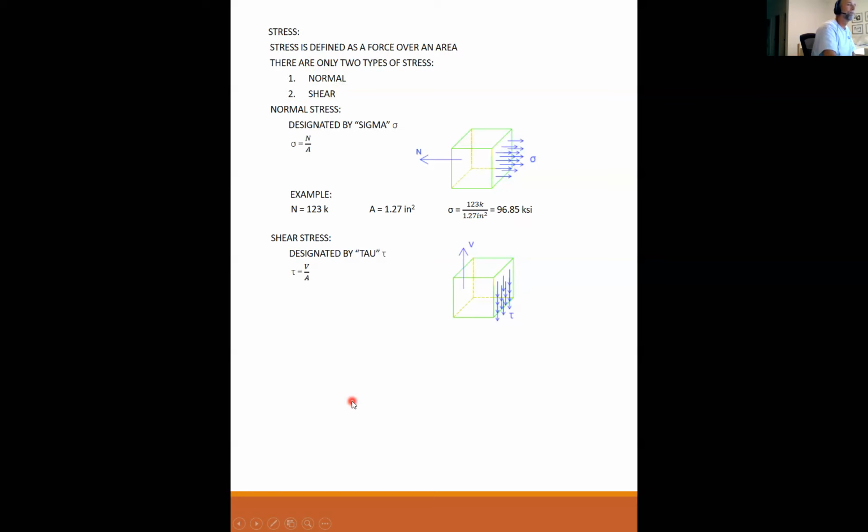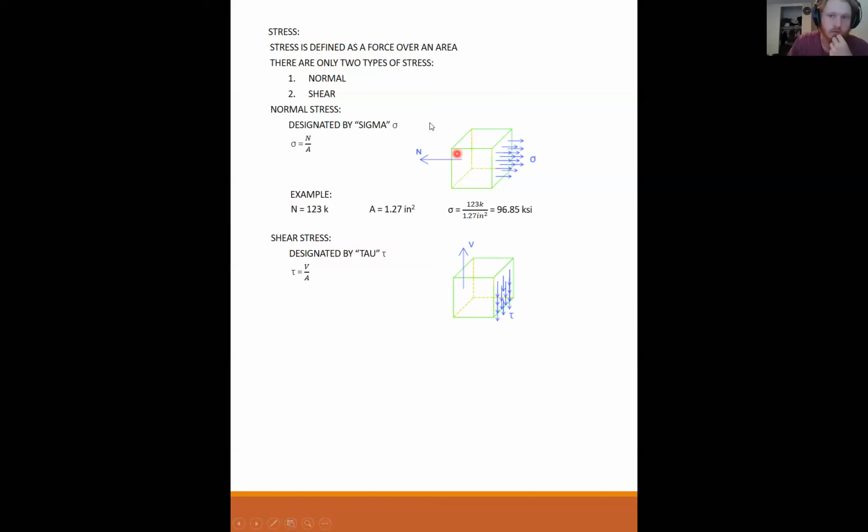So what happens if you have a force at any other angle? It's not 90 degrees and it's not parallel. Say you had a force that was 45 degrees to this plane. What does that mean? Would that mean there would just be horizontal and vertical components of stress? That's exactly right. Or like normal and shear stress? Yes, that's exactly right.